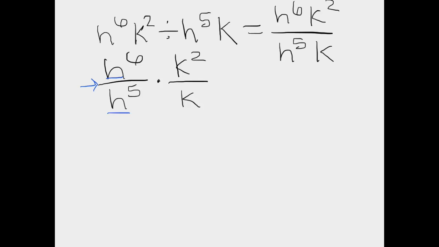So my h's will become h raised to the 6 minus 5, and then I can look at my k's. Again, I see I have common bases, my base is the same, it's being divided, so I can use my quotient of powers property to subtract my exponents.